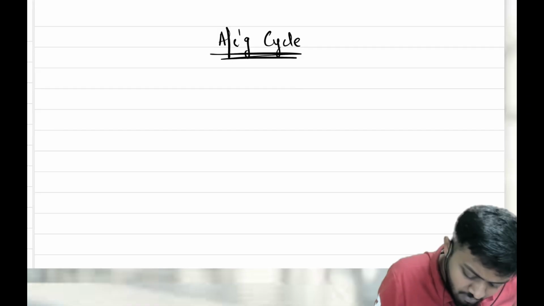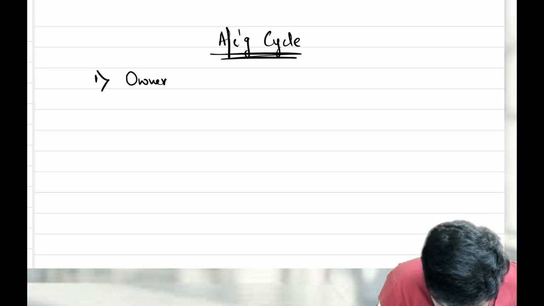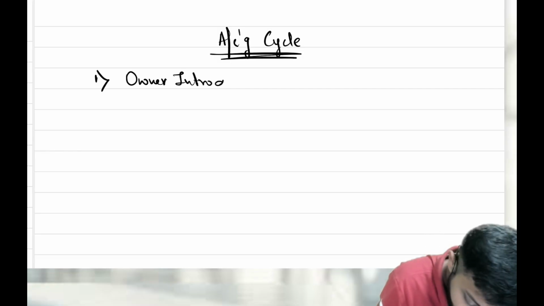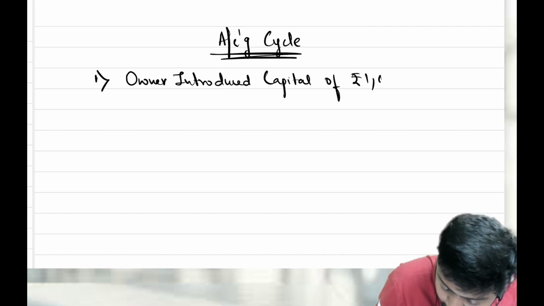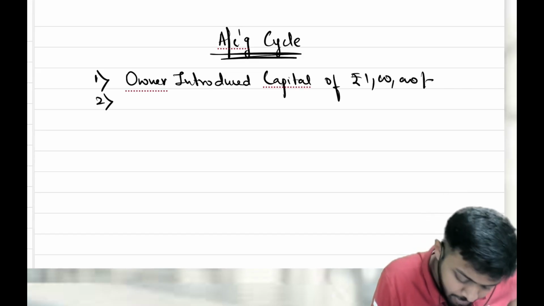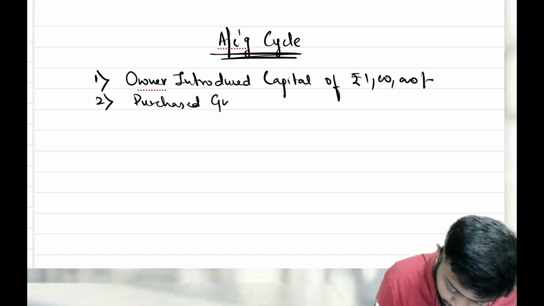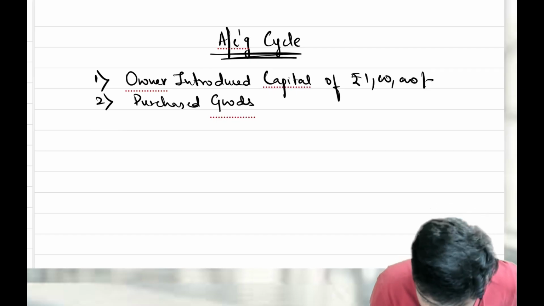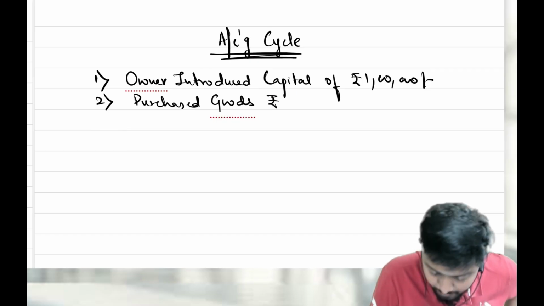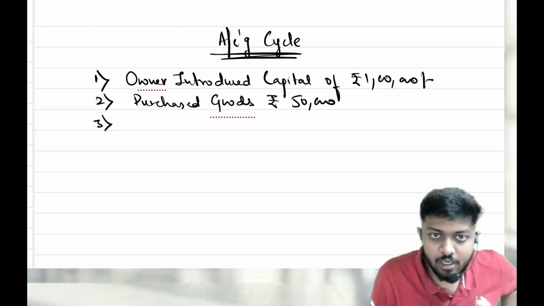One transaction: the owner introduced capital of rupees 1 lakh. Next, he purchased goods of rupees 50,000.